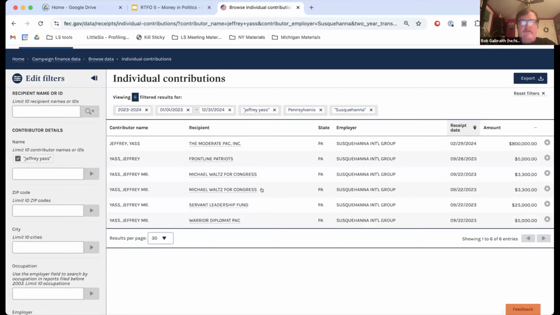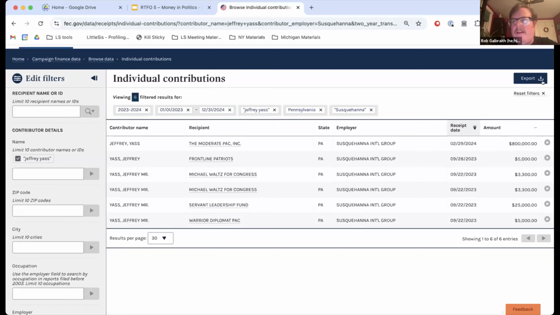You can see here, for example, we've got 2 donations to Michael Waltz for Congress. I can say he gave this much over this time period to this candidate, spread over 2 donations, 5 donations, 10 donations, whatever. But by downloading the data and bringing it into a spreadsheet program, you can analyze it a lot easier than just looking at this web interface.